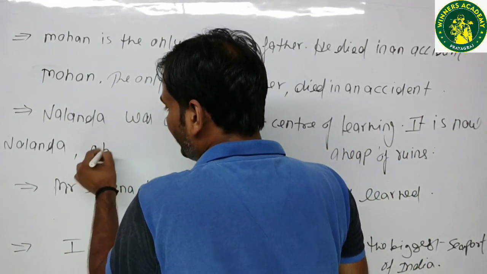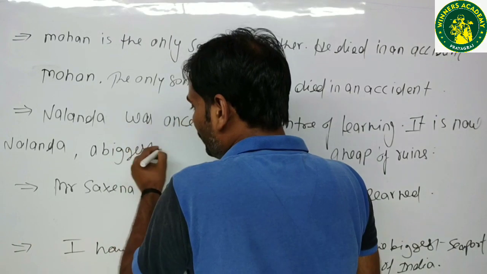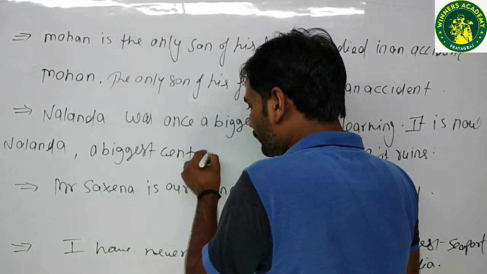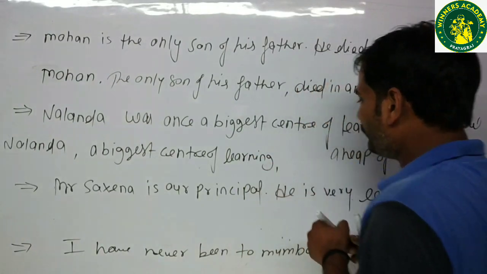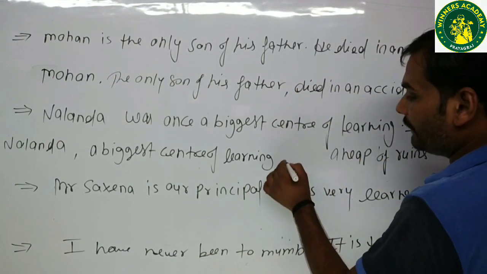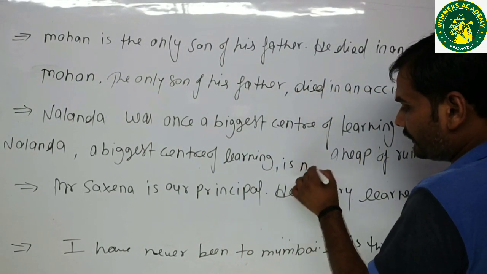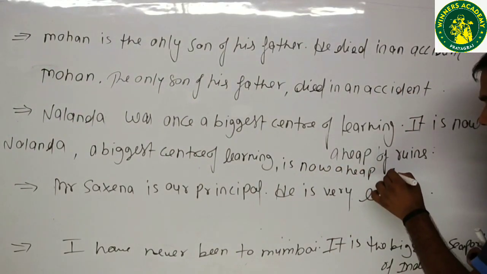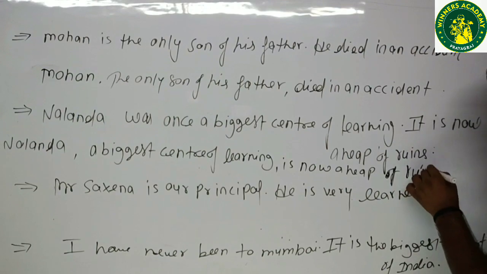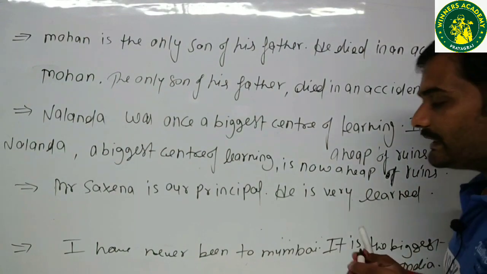So here you can do a biggest center of learning. After that, place a comma. Now here you have to start with the helping verb or verb. So is now a heap of ruins. It is done. So you have to do it like this.